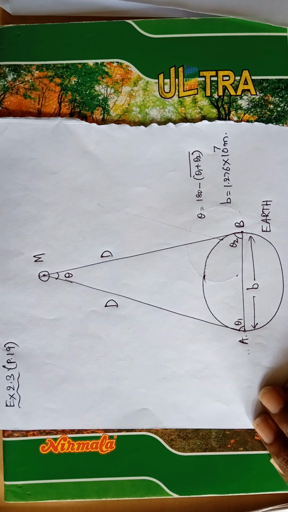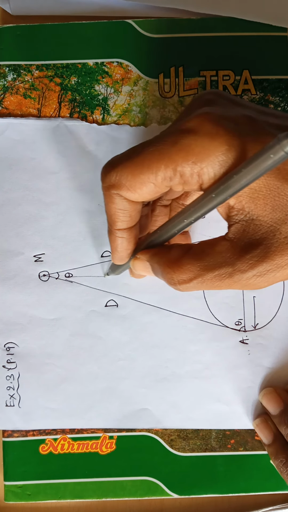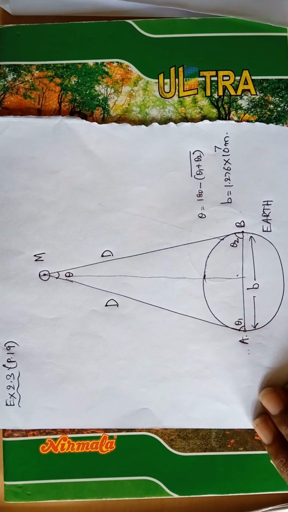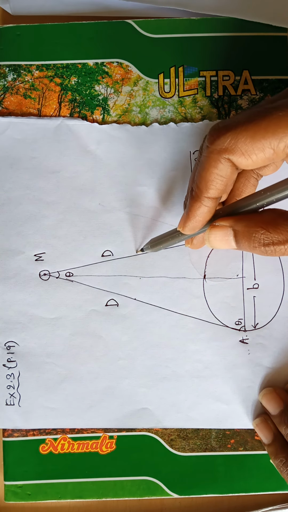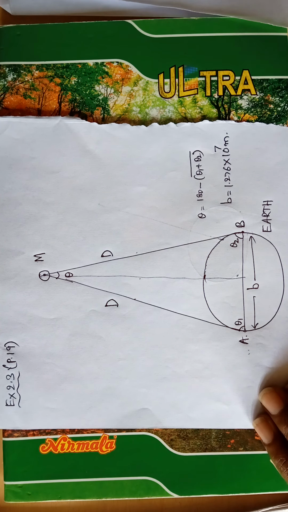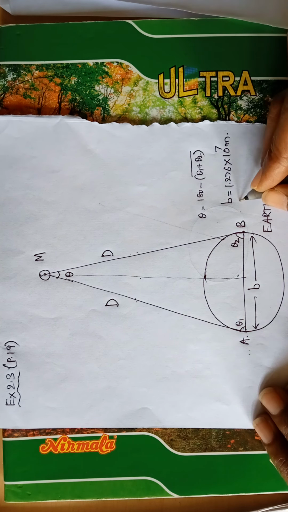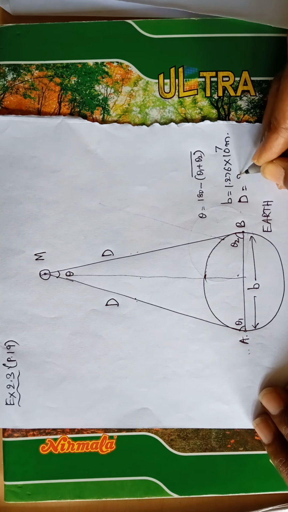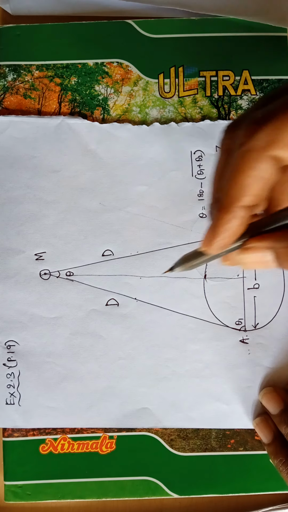Now what is asked? The distance of the moon is asked. Actually the distance means this is the distance. But since the moon is very far away, this value is almost the same. So if you find this value or this value, that is enough. So capital D value is asked, with knowledge of the diameter of the Earth and this angle.